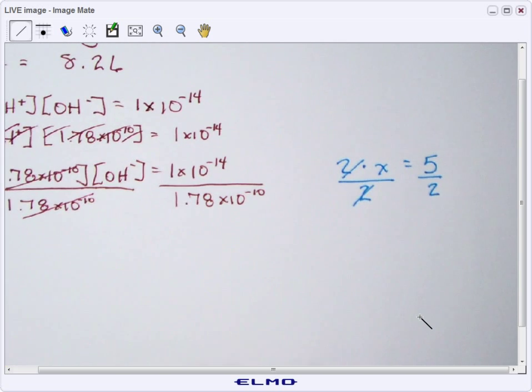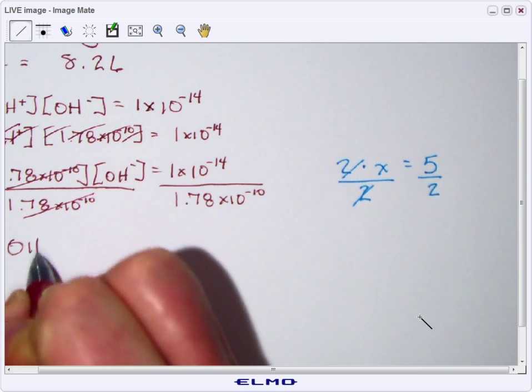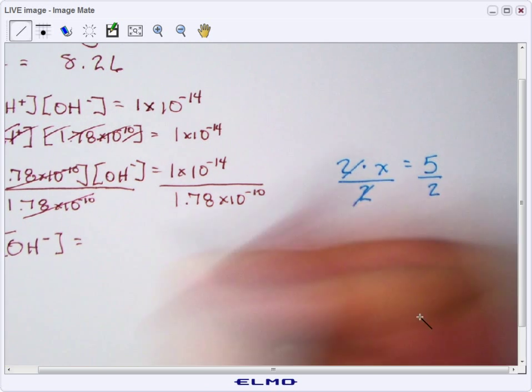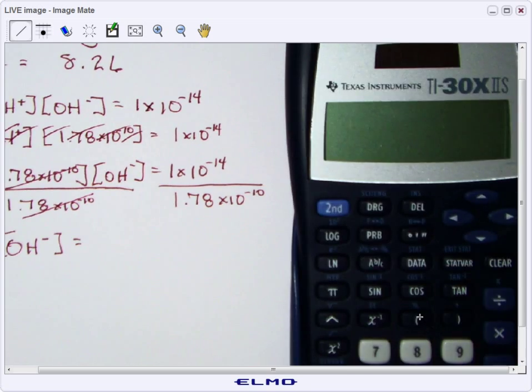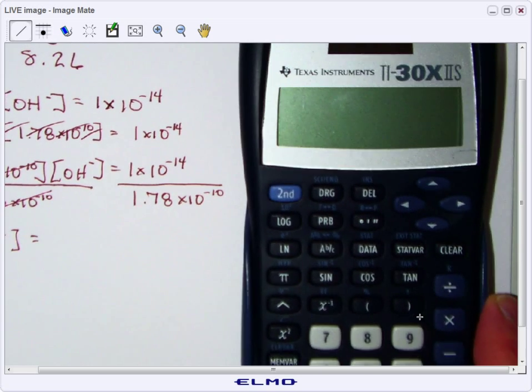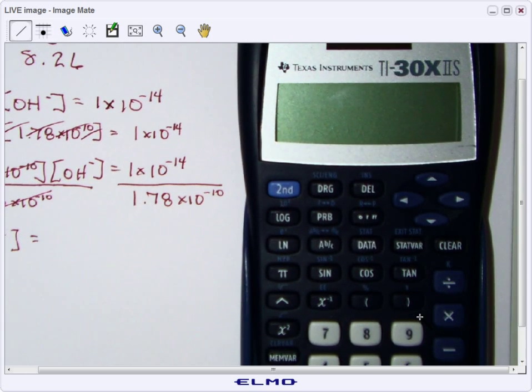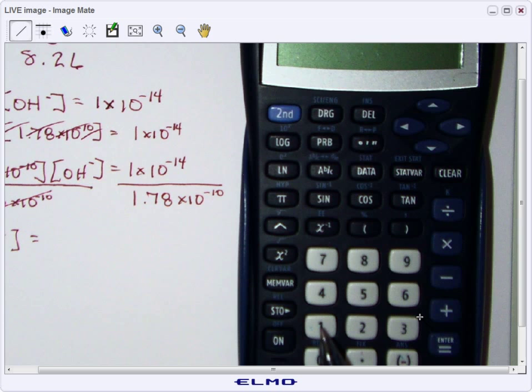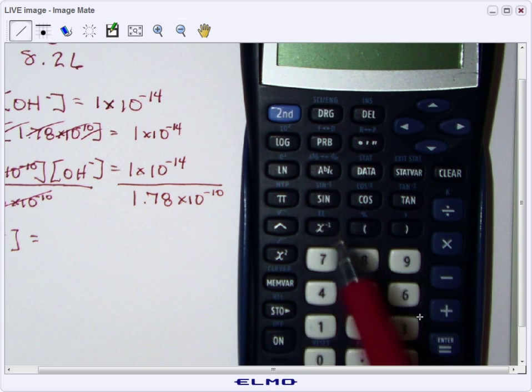And then all I have to do is plug those numbers into my calculator. Again, with scientific notation, we sometimes have a little trouble. So if you want to follow along, it'd be 1, and then we like to use the second double E, not the times 10.